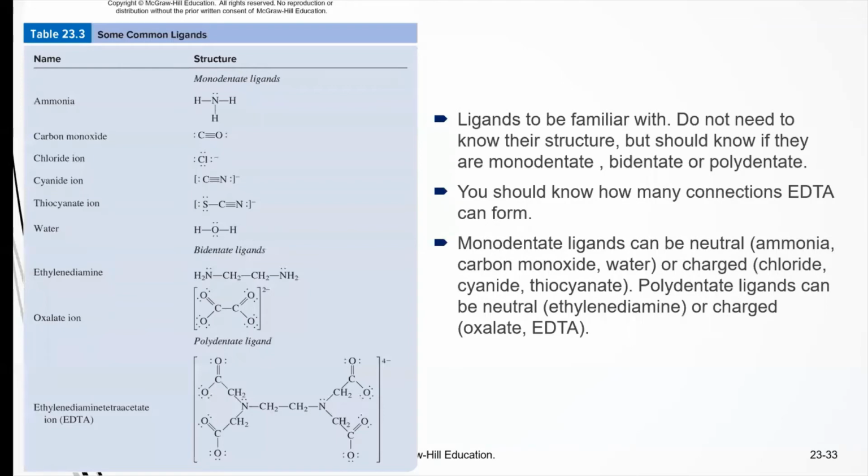So this is a table that starts to show our most common ligands. And we do want to know these. We do want to know which ones are mono, which ones are bi, and which ones are poly. But you can see here that our mono ones generally have just one atom with the ability to bond to the metal with its lone pair. A chloride, a cyanide, a thiocyanate, or water.